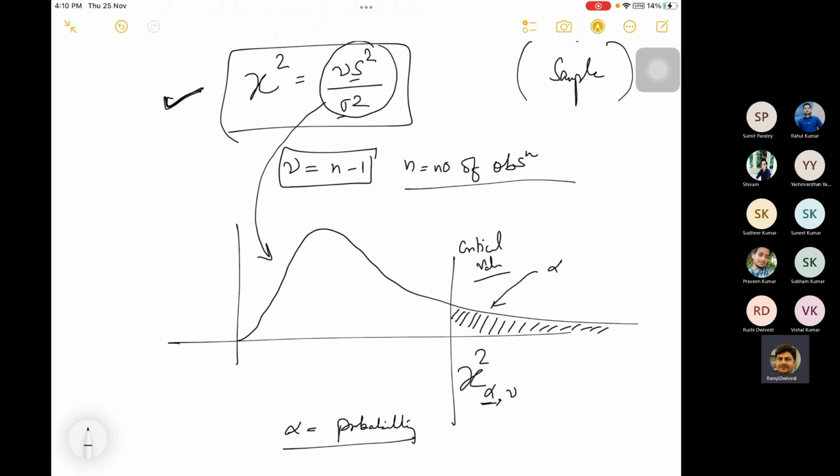Now, what do you mean by critical value? What is expected is that this relationship will have a value, isn't it? For a different s square and a different sigma square, and for different degrees of freedom, this will have a value.